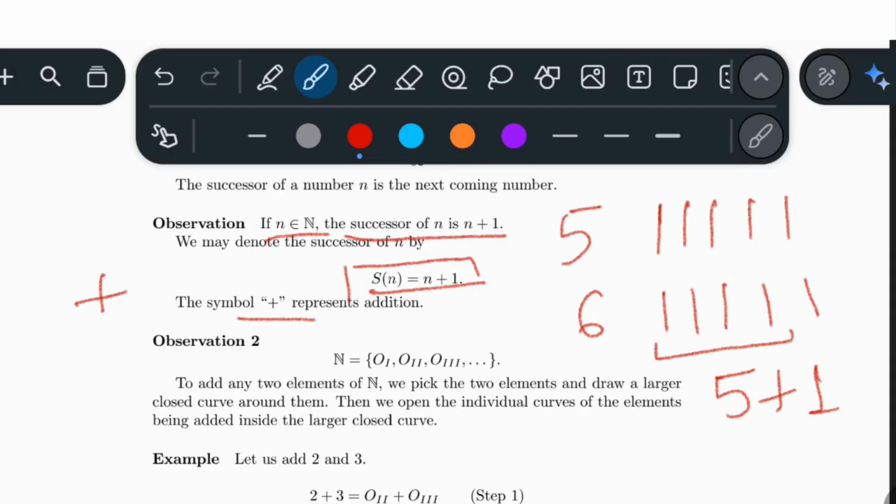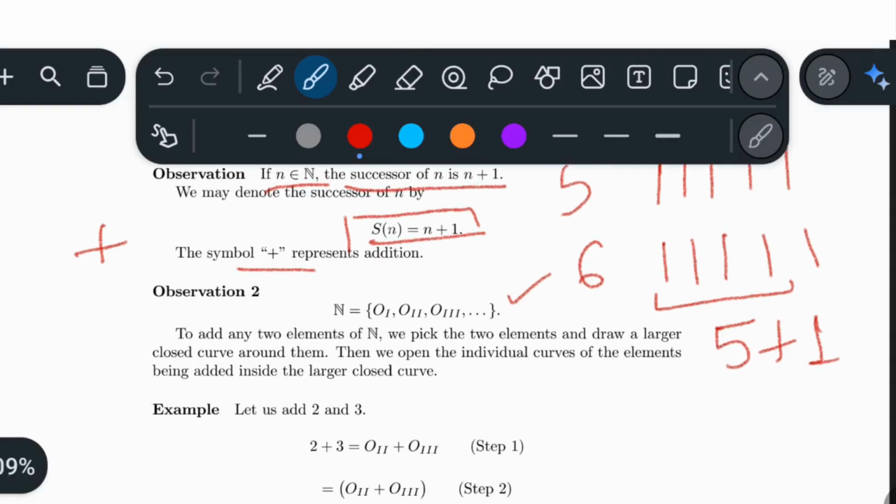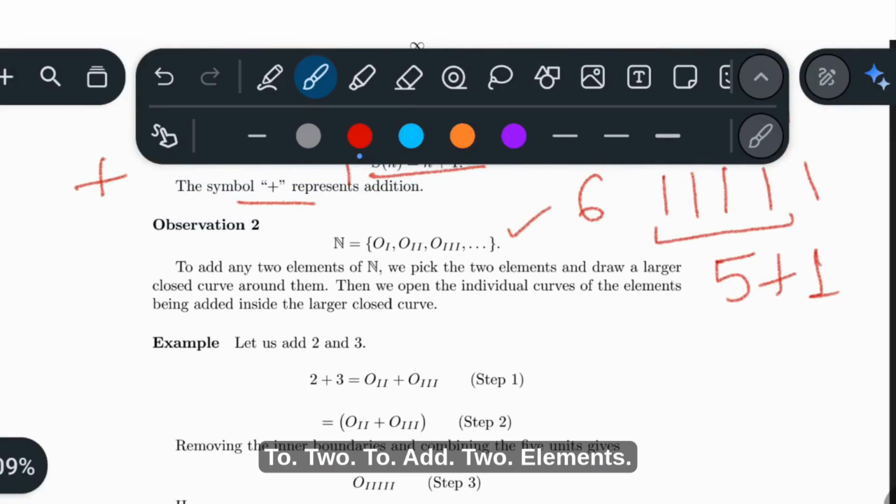Now there is another observation: we can replace every natural number with such intuitive diagrams. So now we have to add two things.